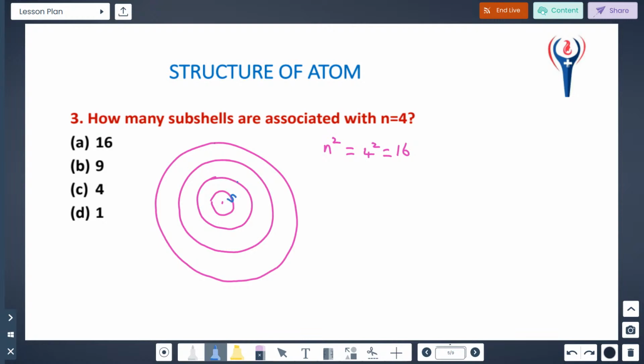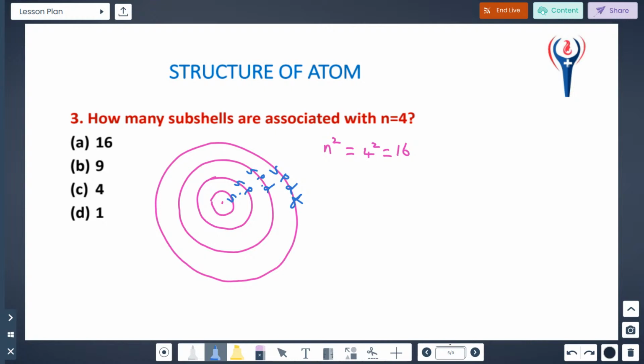Then s and p orbitals are present. Here, the s orbital as well as the p orbital and the d orbital are present. Last one, the s orbital, p orbital, d orbital as well as the f orbital are also present.